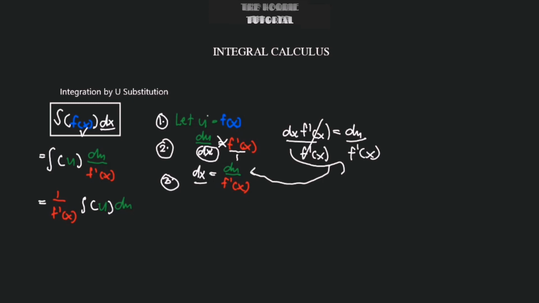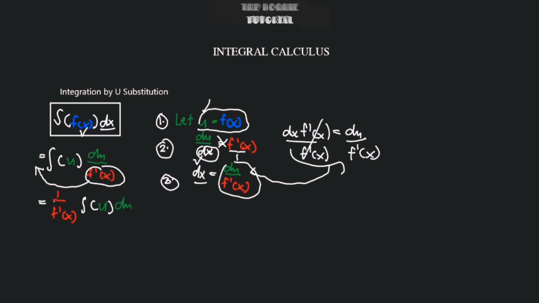Since we already have the value of u and the value of dx, we can now substitute these into our original integration. Let's put an equal sign right here, that is integration, and since our function of x is just u, as we can see right here, let's substitute u right here, and then the value of dx is this one. So we just have to substitute this. We have du over f prime of x. Since f prime of x is basically a whole number, we can factor that out through here.